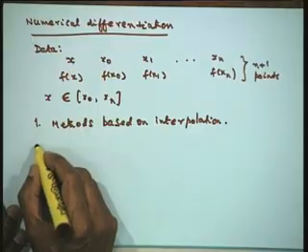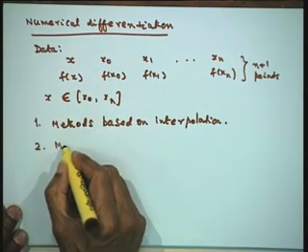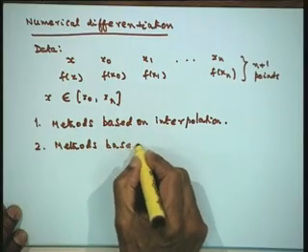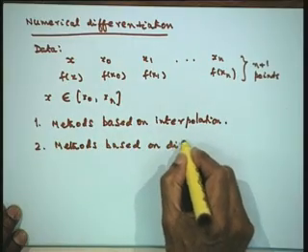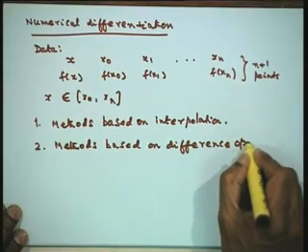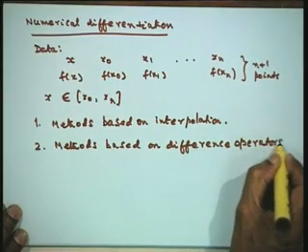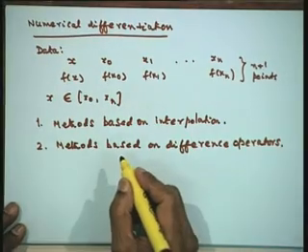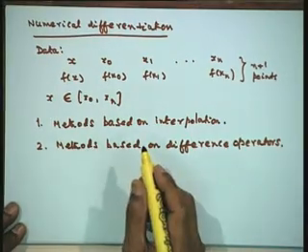The second method is methods based on difference operators. Now, when the data is equispaced, then we have defined the forward difference, backward difference, central difference.